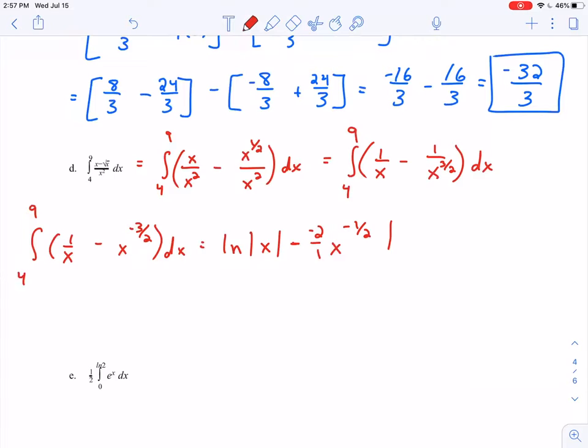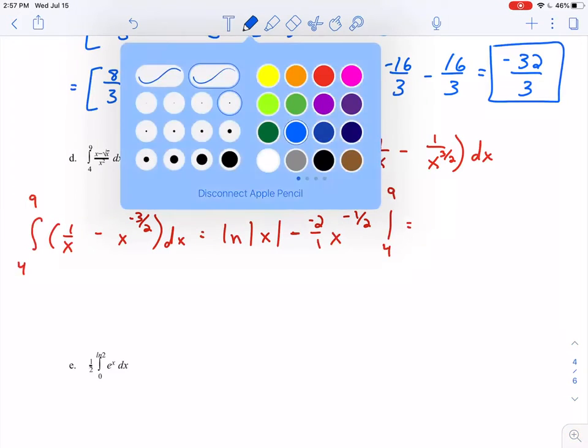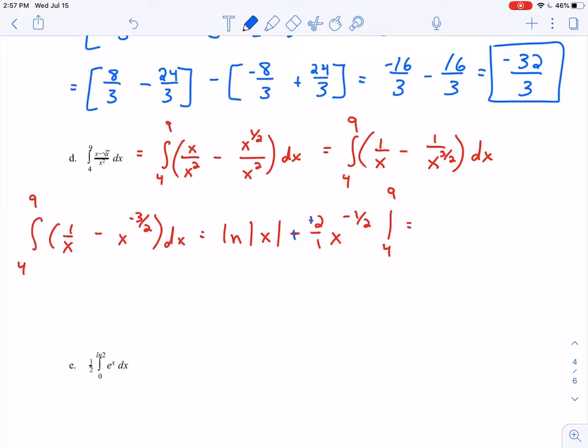And I'd like to evaluate this at 9 and 4. And again, this is just kind of ugly to work with. I'm going to clean this up a little bit here. Let's change that to a plus, and then also let's go ahead and say natural log absolute value of x plus 2 over square root of x, just because I think that's going to be easier to work with, evaluated at 9 and 4.